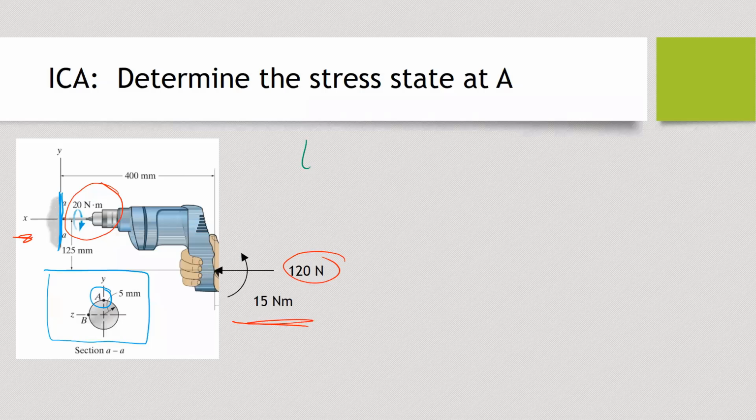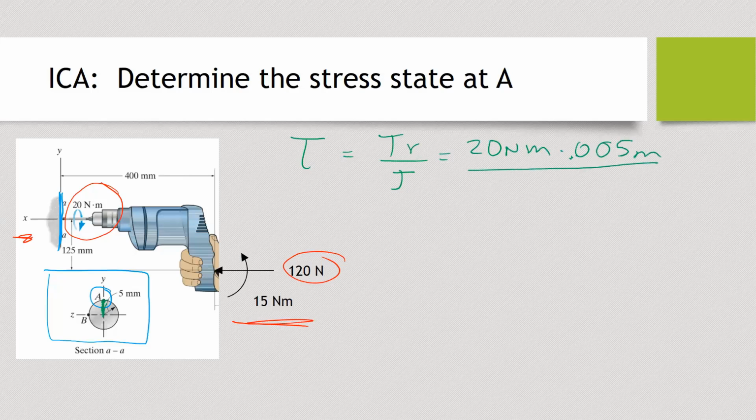So we can say that our shear stress is TR over J, where we're going to use the full radius because we're interested in point A, which is on the exterior of that shaft. So we have 20 Newton meters times 0.005 meters divided by pi over 2 times 0.005 to the fourth.